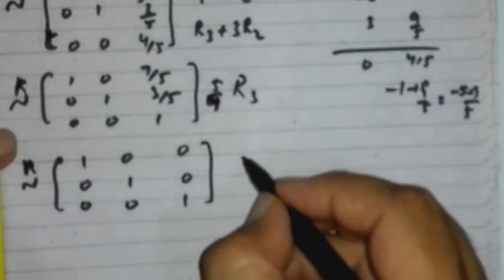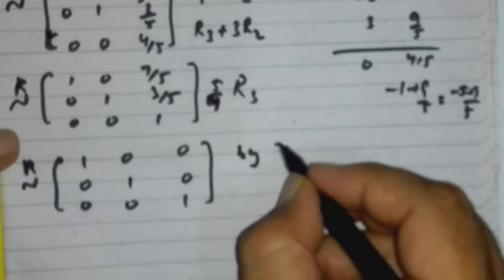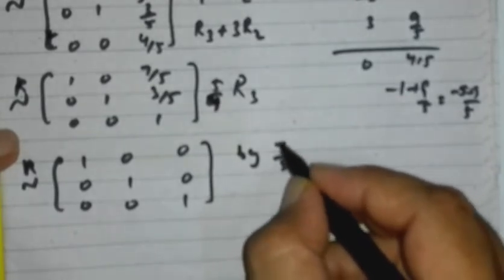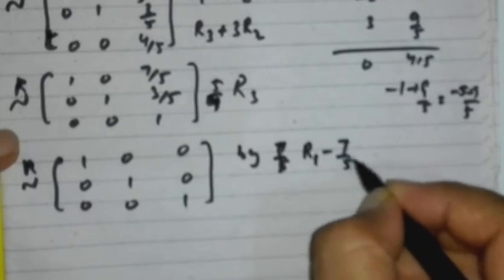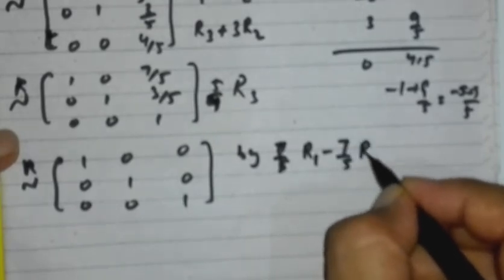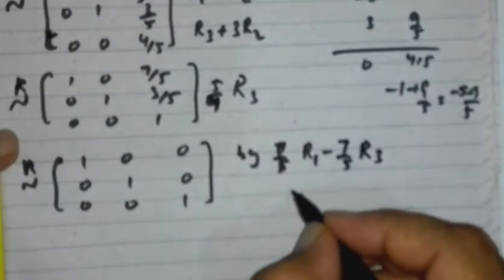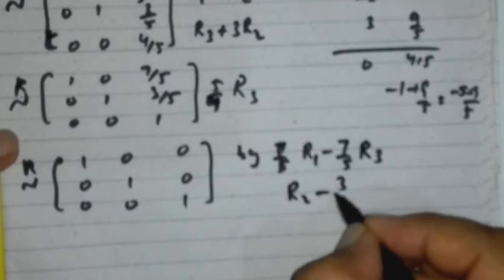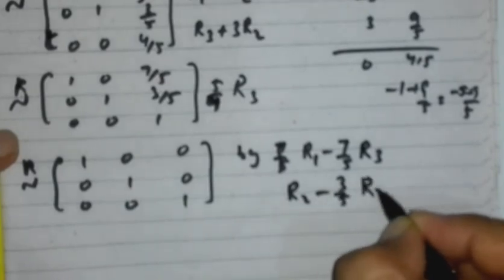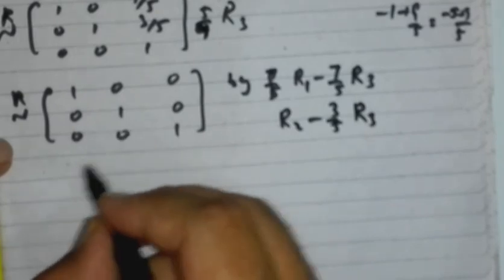How? By R1 minus 7 over 5 R3, and it is R2 minus 3 over 5 R3, which is the required reduced echelon form.